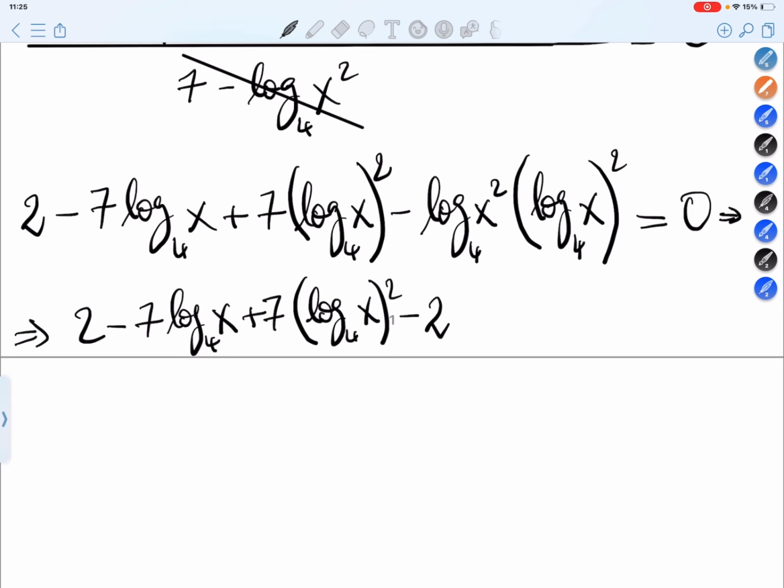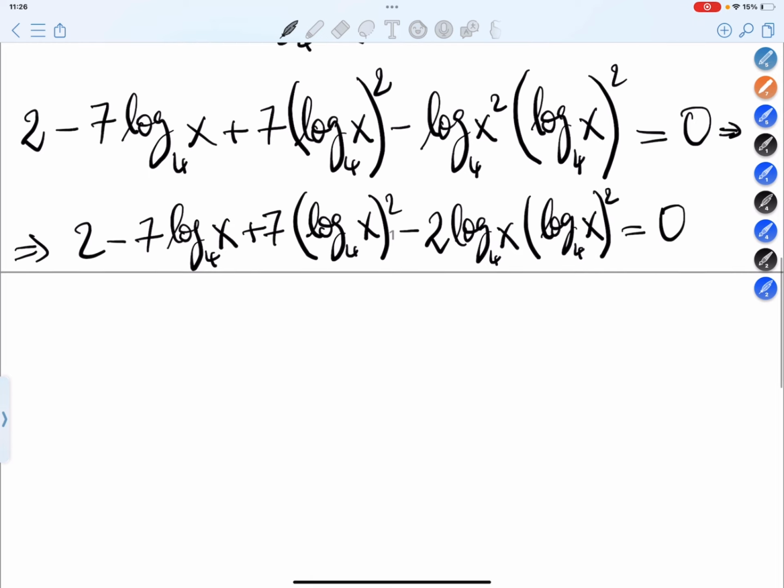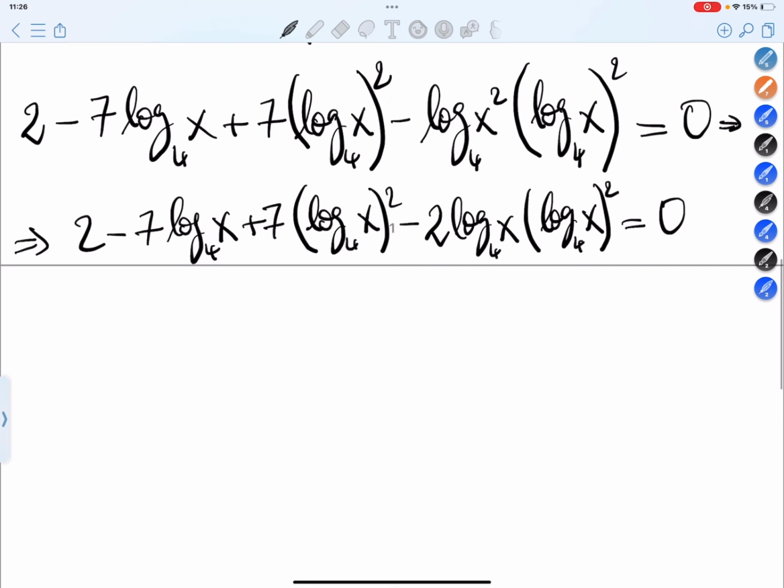We have minus 2 log base 4 of x times log base 4 of x squared equals 0. Now this one here, we can see that we have log base 4 of x, then log base 4 of x squared, so that would give us log base 4 of x cubed, right?